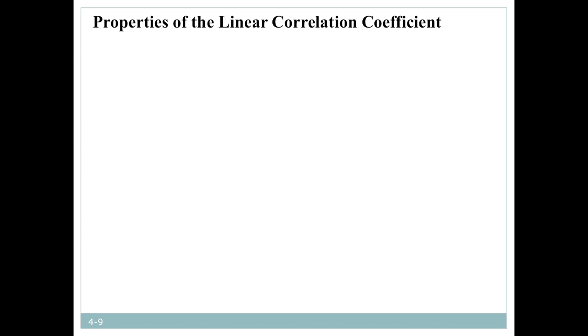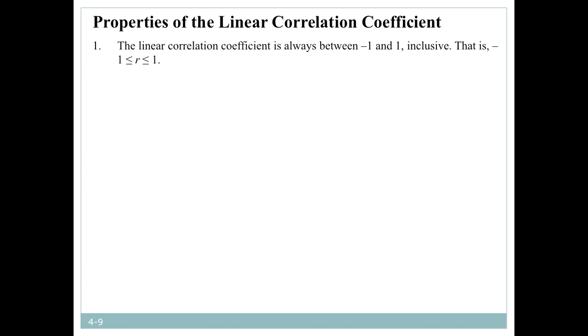So there are some properties we want to be familiar with for the linear correlation coefficient before we use technology to compute it. The first is that the linear correlation coefficient is always between -1 and 1 inclusive, meaning we can have a coefficient of -1, of +1, or somewhere in between those two values.